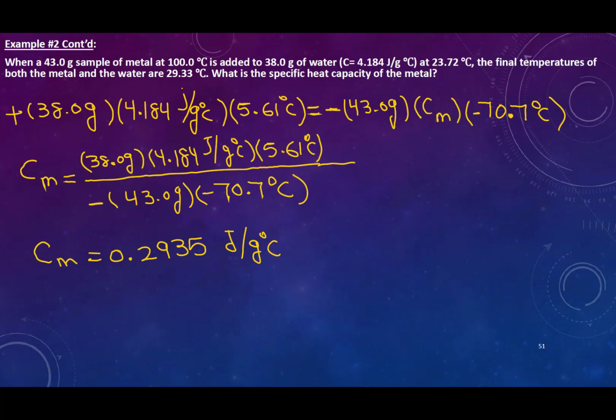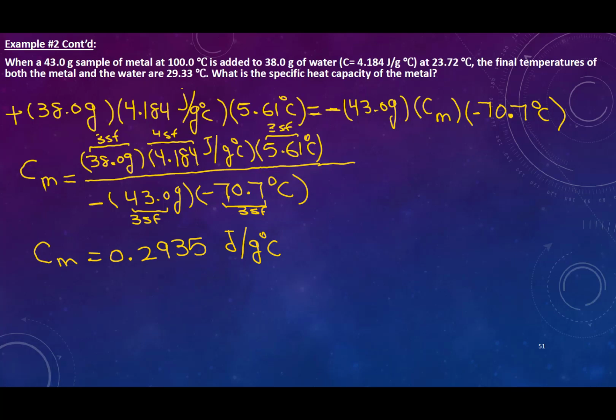Now we have to take care of the sig figs. Since we are multiplying and dividing, we go by the sig fig rule. 38.0 is 3 sig figs, 4.184 is 4 sig figs, 5.61 is 3 sig figs, 43.0 is 3 sig figs, and 70.7 is also 3 sig figs.